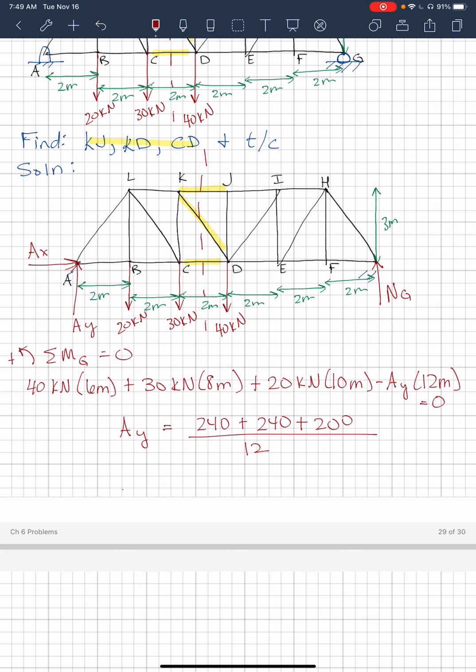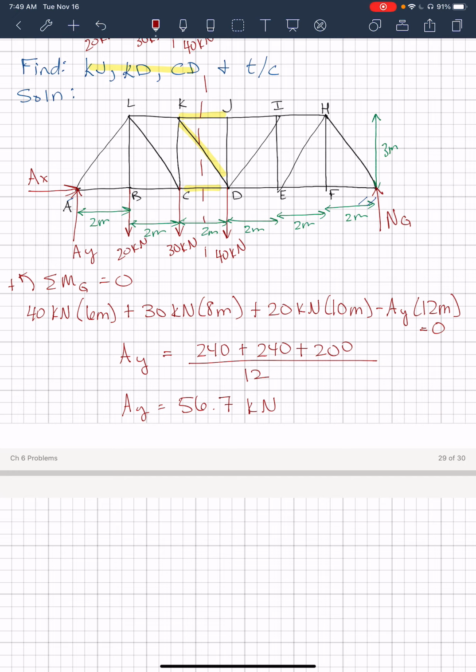We get AY equals 56.7 kilonewtons. And we can also sum the forces in the x direction equal to 0, and that's going to equal AX. So AX is just going to equal 0. I'll box those because we'll need those.